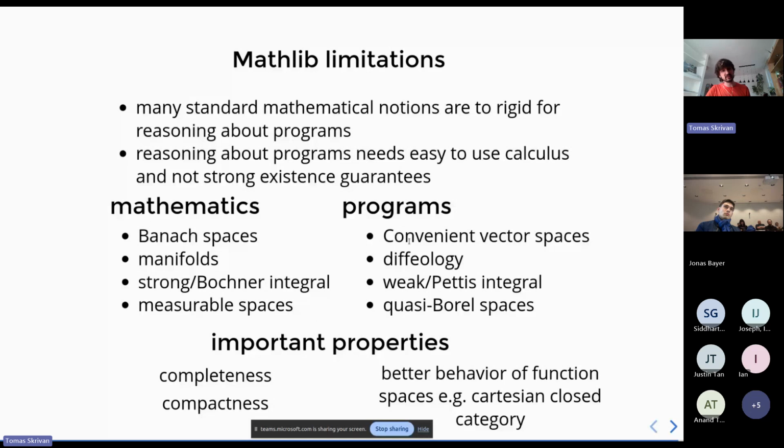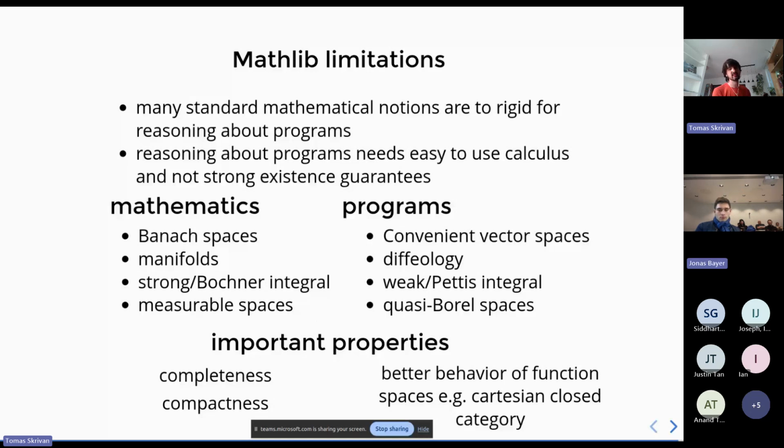So ideally, instead of Banach spaces, I would like to use, for example, the notion of convenient vector spaces, where all the automatic differentiation would be much easier to formalize. Or instead of using manifolds, I would like to use diffeology, which is again a generalization of the notion of manifold, where you guarantee that you are working in Cartesian closed categories.